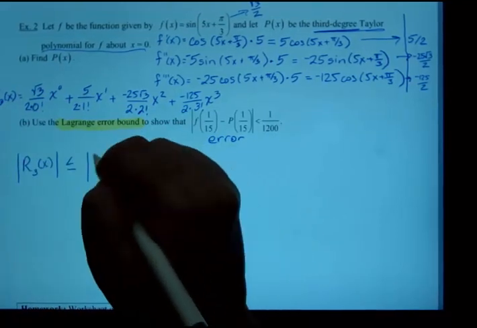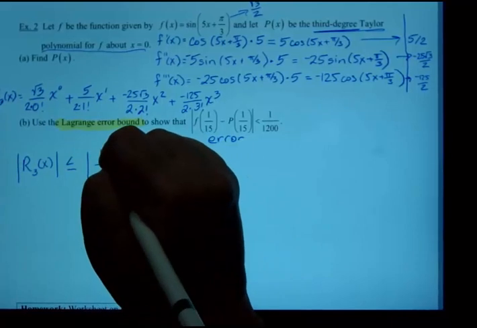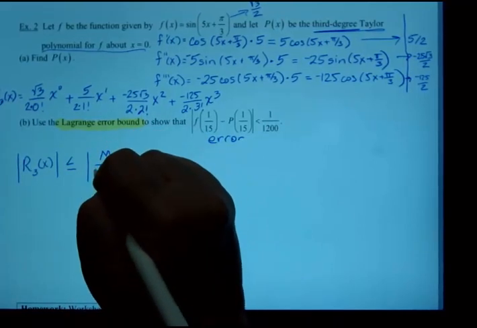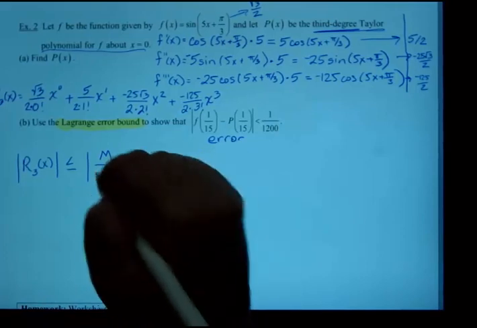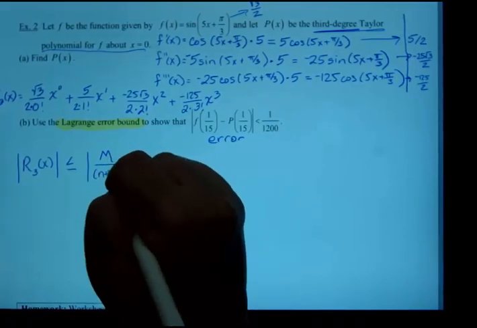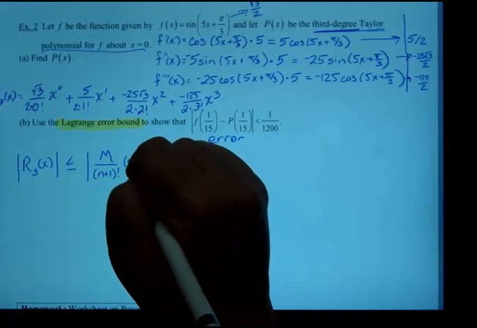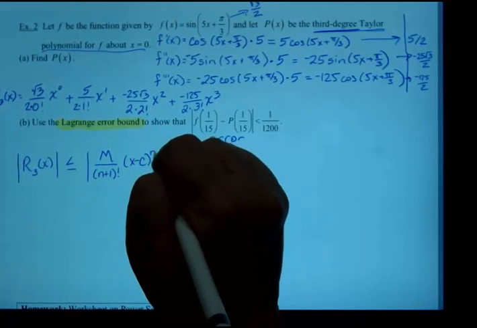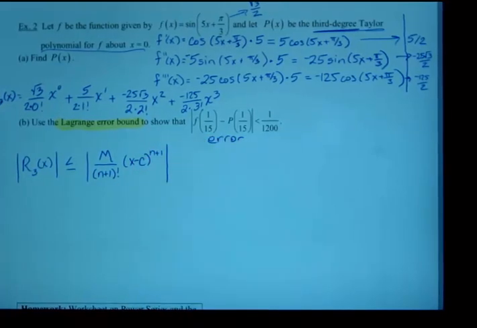What goes on top? M. On the bottom, n plus 1 factorial. And then x minus c to the n plus 1. That's the generic formula. Now, if you wanted to go ahead and put in what n is and what c is and what x is, you could go for it.